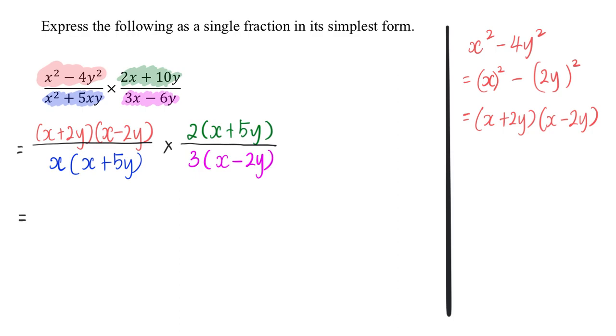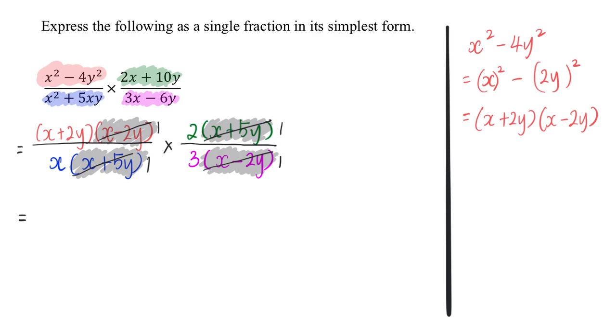And at this stage, if the numerator and the denominator have the same factor, we can actually divide off, meaning x minus 2y, we could divide them off to give me 1 and 1. And I saw x plus 5y also can be divided off to give me 1 over 1.